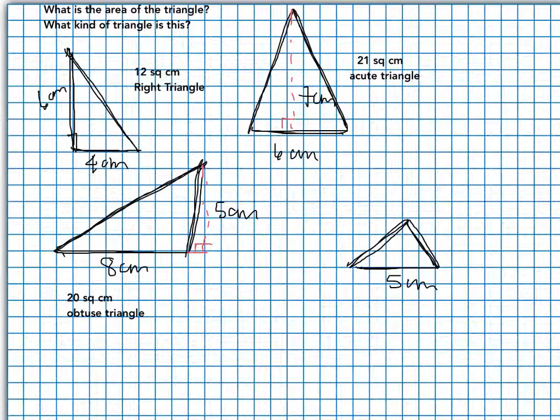This is 5 centimeters. This is 4 centimeters, and this is 3 centimeters. What, ladies and gentlemen, is the area of the triangle, and what kind of triangle is it? Pause the video and solve the problem, and when you're ready, restart the video, see how you did.